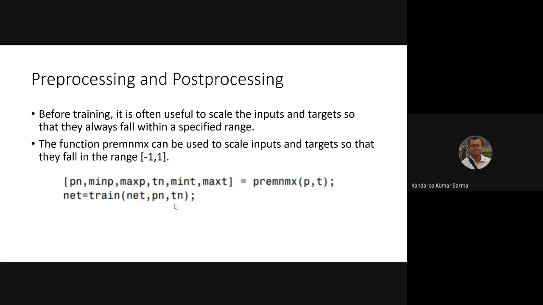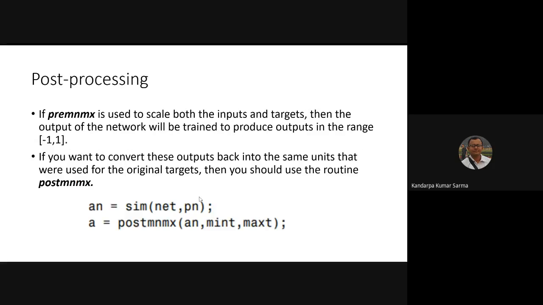Those will be used for doing the training. Since there should be a post-processing, for post-processing we need to use the postmnmx function, which will do one more scaling of both the patterns and targets.